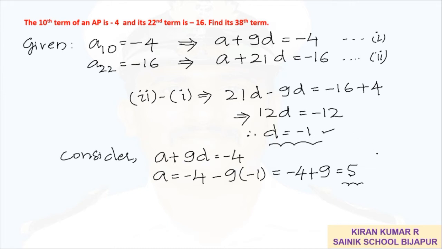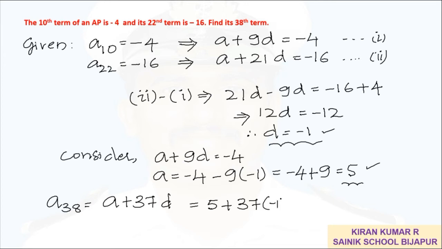With these two values, I can find the 38th term. A38 will be equal to A plus 37D. On substituting, it is 5 plus 37 times of negative 1. We get it as 5 minus 37, which is negative 32. So the 38th term is negative 32.